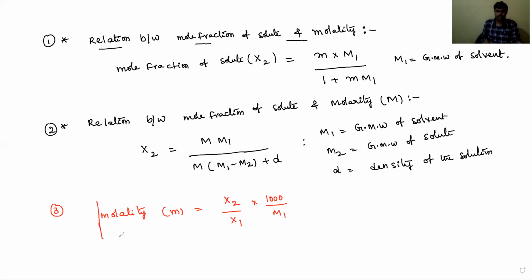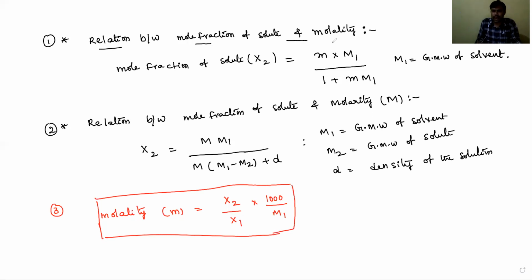So these are the important relations related to mole fraction of solute and molality, and mole fraction of solute and molarity, and how molality is related to the mole fraction of solute as well as solvent.